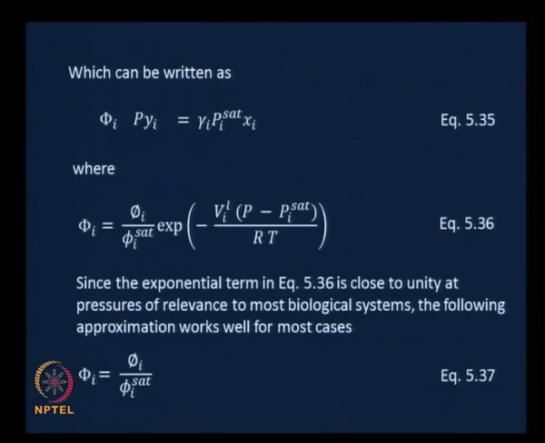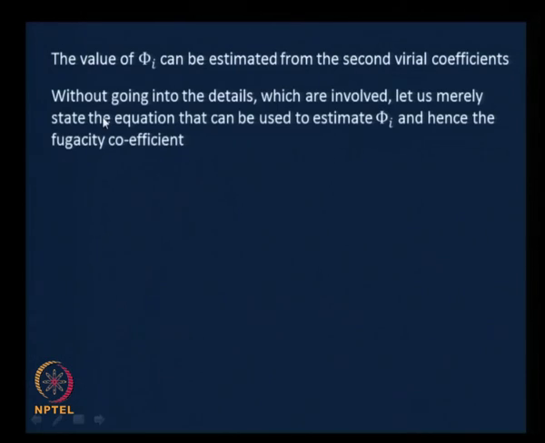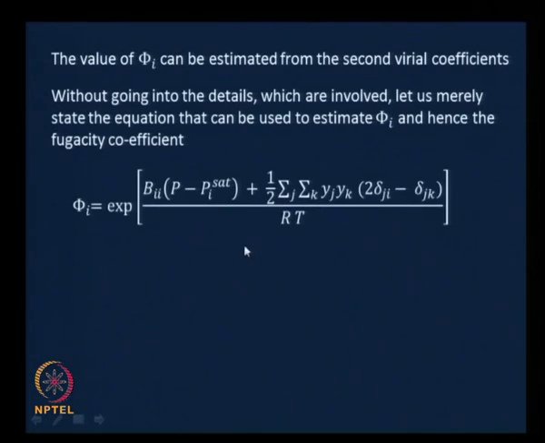VLE is vapor liquid equilibrium data, and we also saw that phi can be estimated from the second virial coefficients. We did not derive this, I just said that I am going to give you expressions so that you could use this if these values become available in terms of tables and so on.